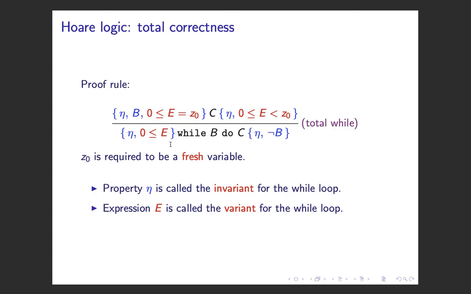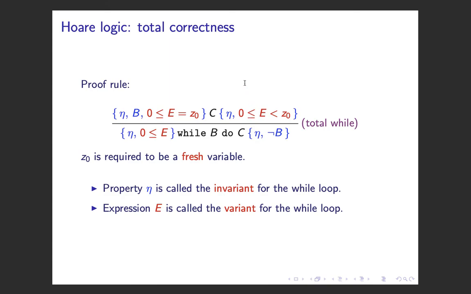This expression is called the variant because it's absolutely crucial that it changes. The idea is that the premise of the rule, the statement on top of the rule, guarantees that the value of the variant strictly decreases every time we execute the body of the while loop, while at the same time it remains greater than or equal to 0.